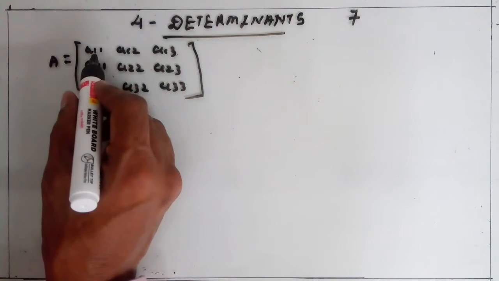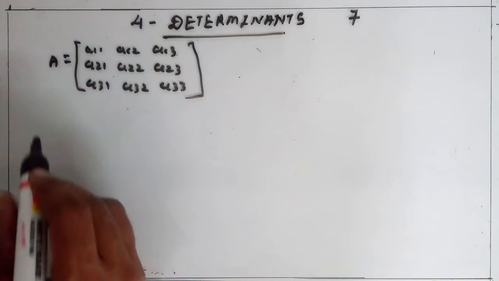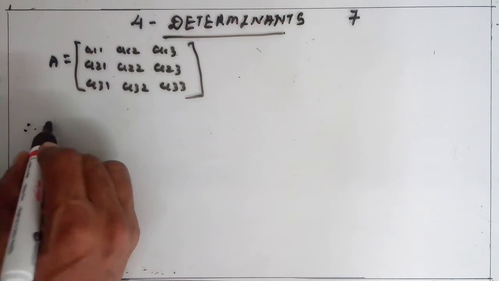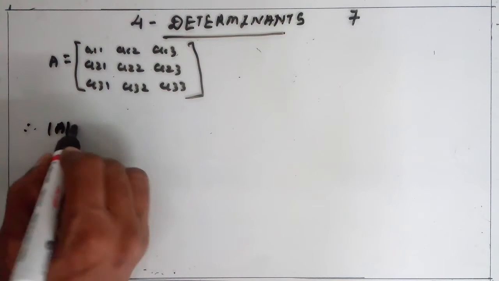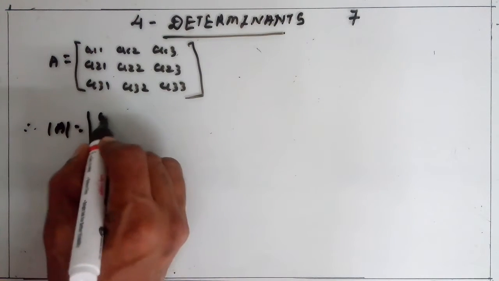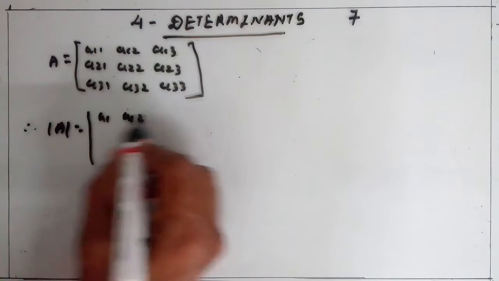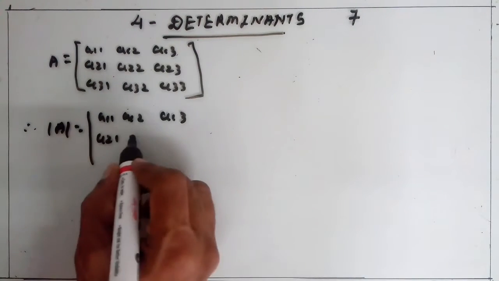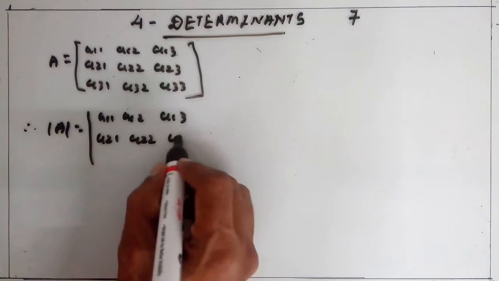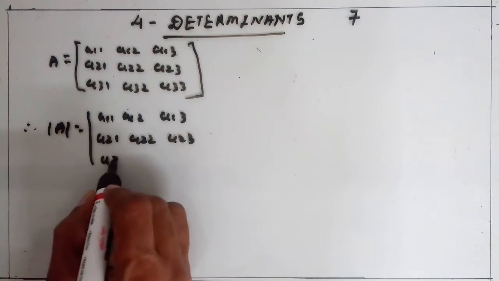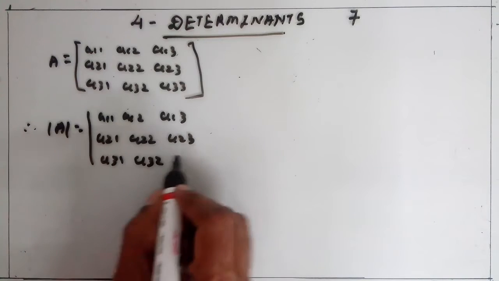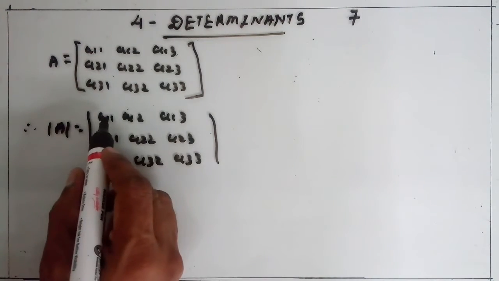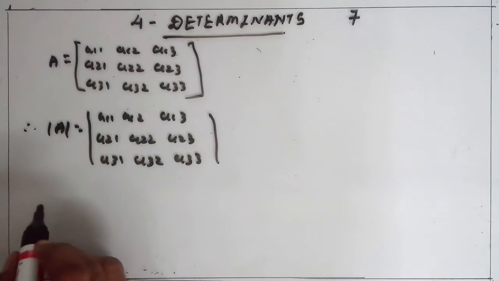Now using the first column, we get the value of this matrix. So first change into the determinant of A, equal to A11, A12, A13, A21, A22, A23, A31, A32, A33. Now using the first column, get the value.